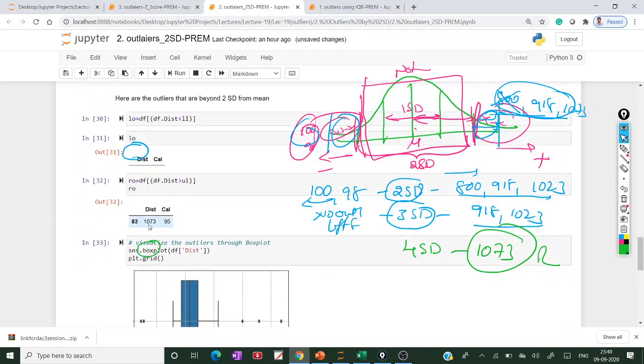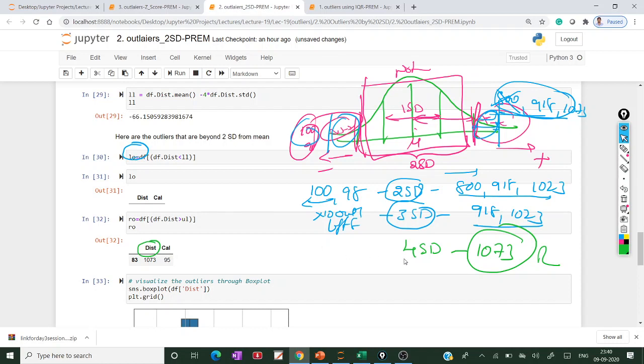If you are using the third standard deviation, the right side has two outliers and the left side has none, so two outliers in total.